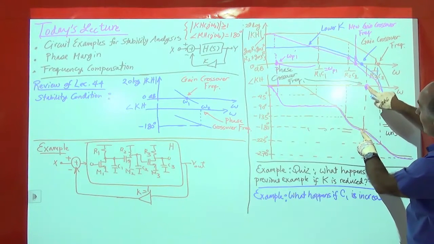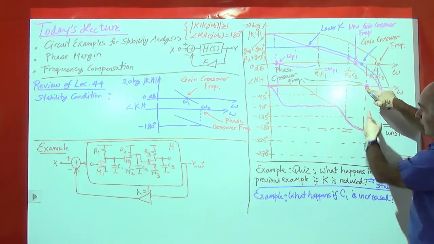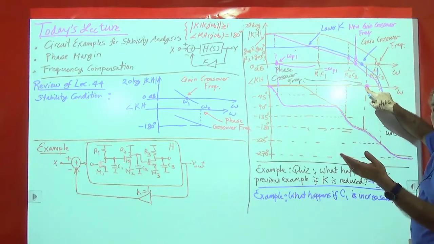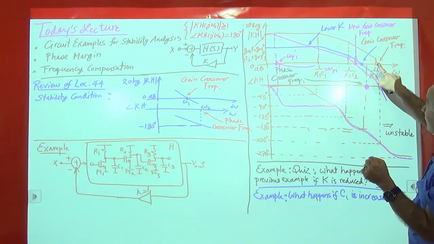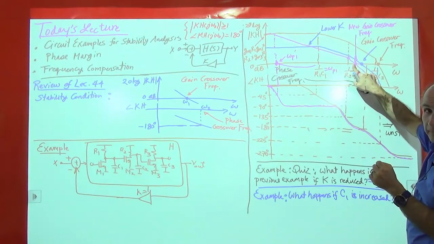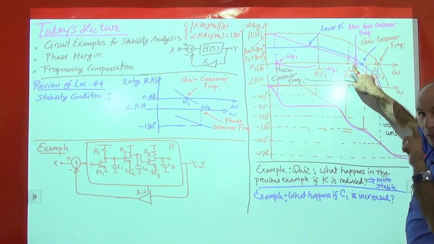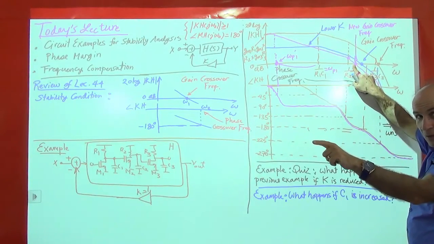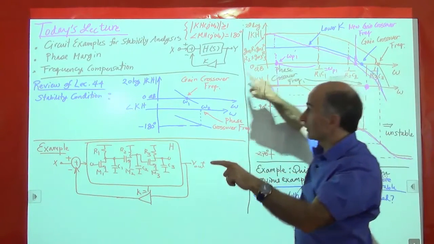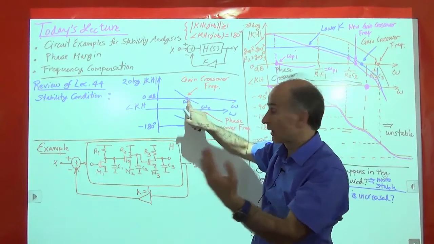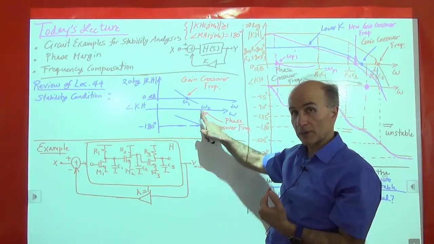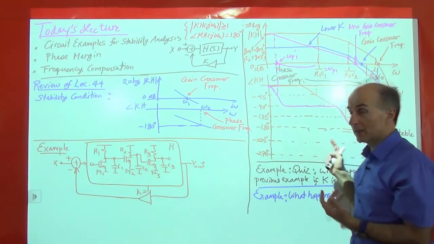So we see that the phase crossover frequency did not change, at least not much, whereas the gain crossover frequency went from here to here. The gain crossover frequency went to the left. So it becomes more stable because we want the gain crossover frequency to be to the left of the phase crossover frequency, right? And this is what's happening here.